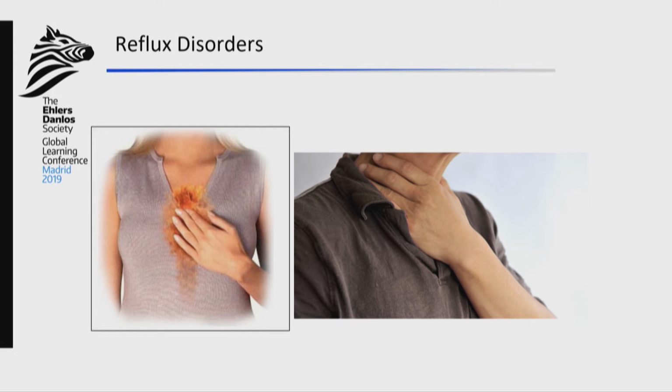The movements in the esophagus may be weak, so that acid, when it comes up, doesn't go down as quickly as it should, and therefore you get more symptoms. And usually, we don't see inflammation in the esophagus. We see a lot of symptoms related to reflux, but usually it is not an inflamed, ulcerated esophagus.